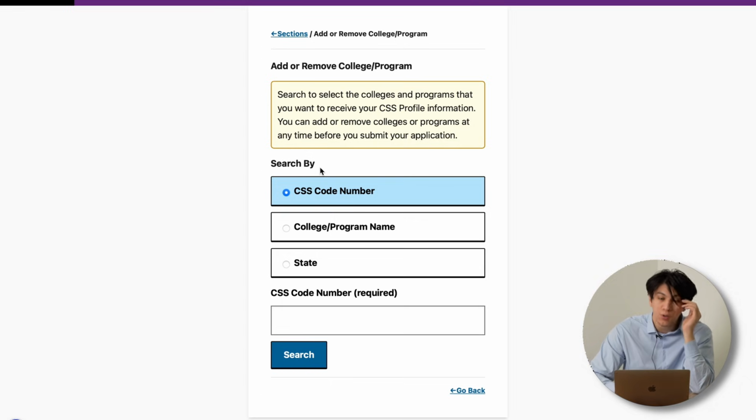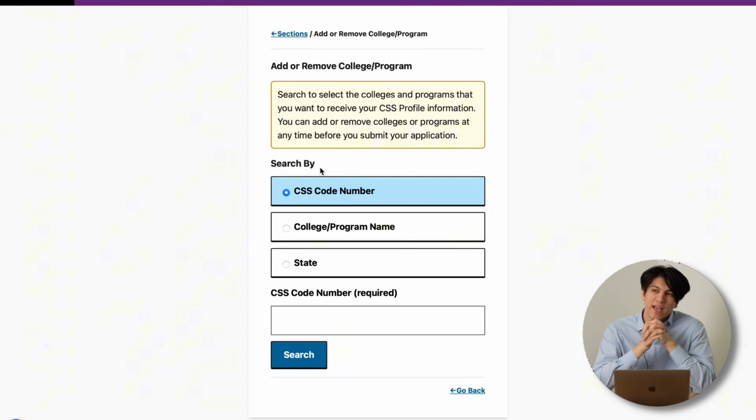So do request a CSS profile fee waiver from the college. Just email them, hey, I'm this and this and that. I want to get the CSS profile fee waiver. Please give me one. Or they will have on their website a specific form that you have to fill out, or they will have other financial forms that they use without giving a CSS profile code, right?